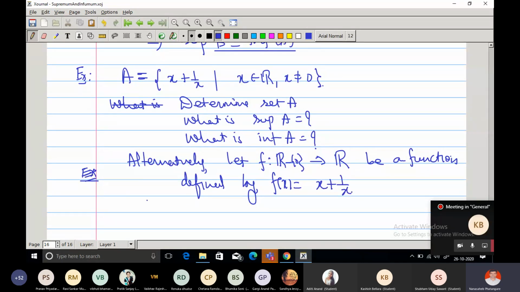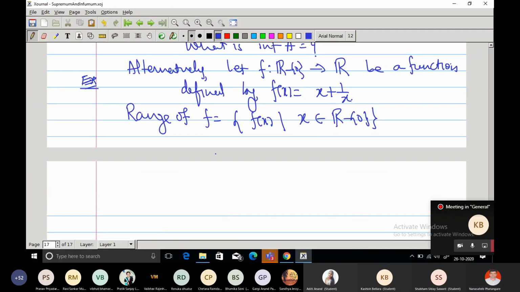Then all of you know what is the definition of the range of function f? Yes, sir. The f of x for x in the domain, all those images. So f of x is called the image or value of the function at x, and this is a set.